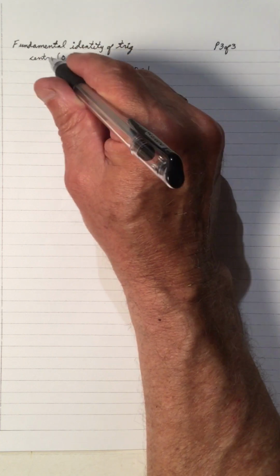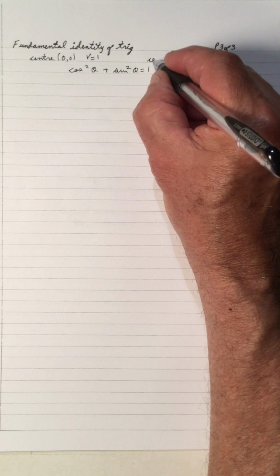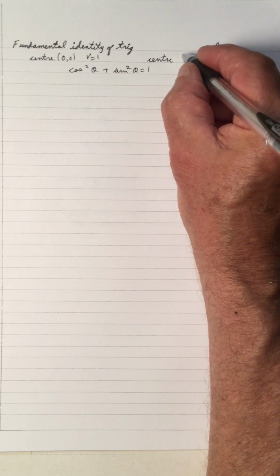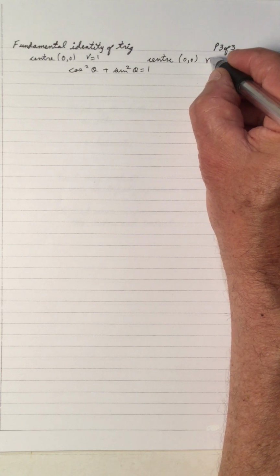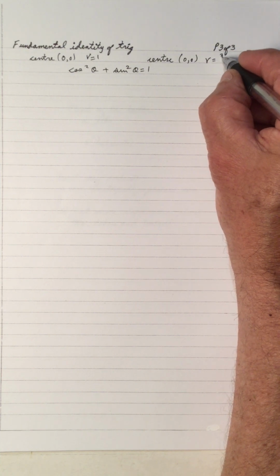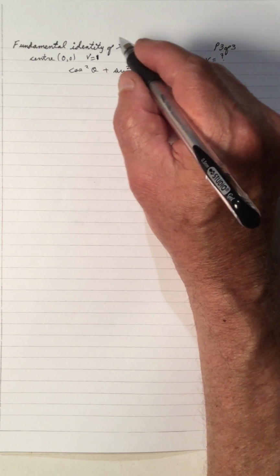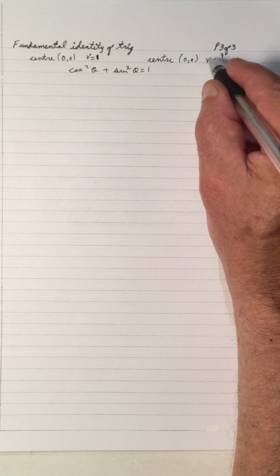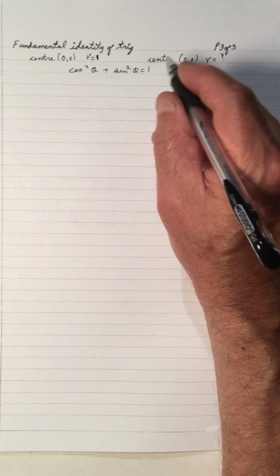But that's if it's a unit circle; this works on any circle whose center is 0, 0, and whose radius could be any value. So it not only has to be a unit circle, we could have the center 0, 0 and any radius that would make this true.